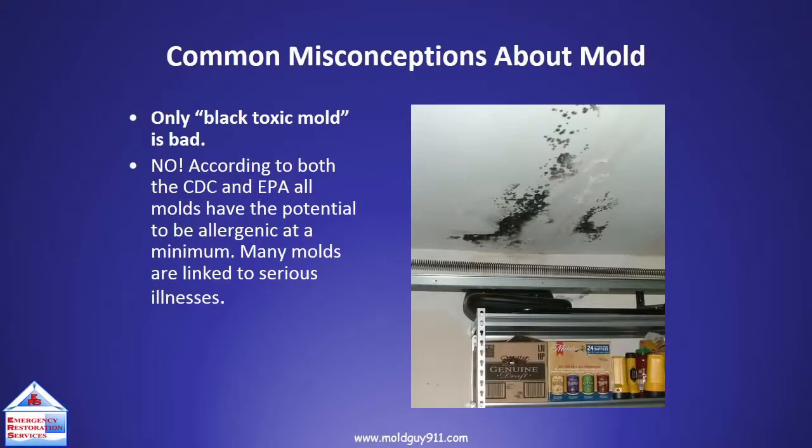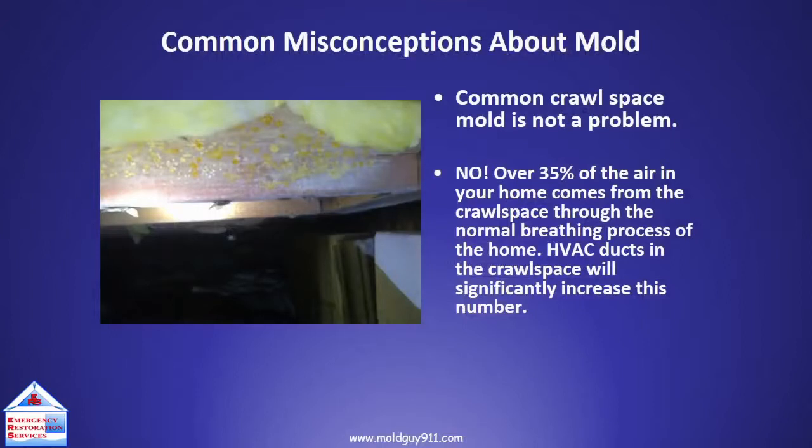Common misconceptions about mold. We talked about this one already. Black mold is the only bad mold. No, that's not the case. CDC and EPA both listed others as problematic. Common crawl space mold. I've yet to see a lab report that says you have crawl space mold. They're going to be very specific. What I would tell you is that any kind of mold in your building is a problem.